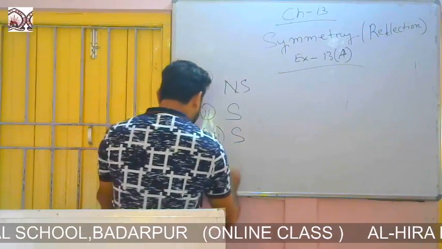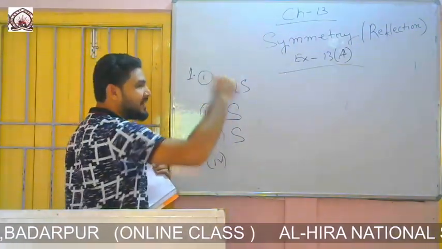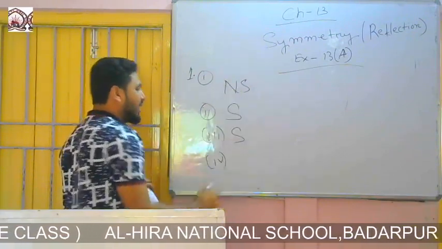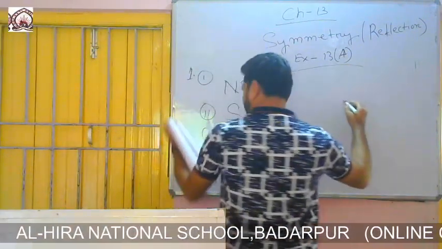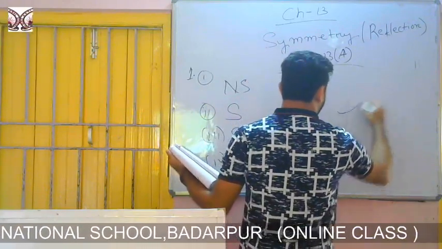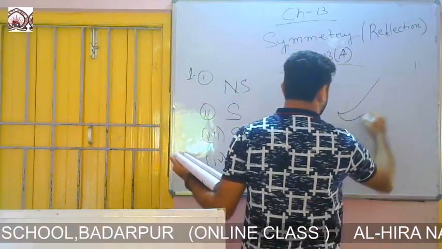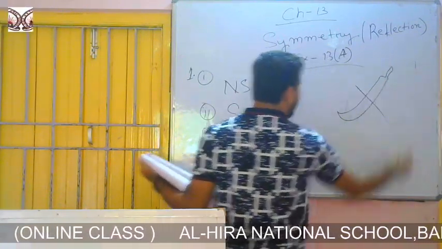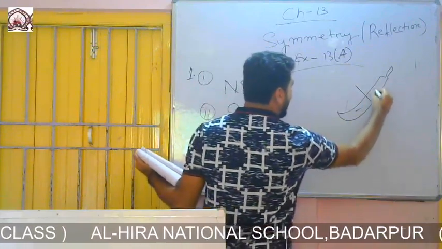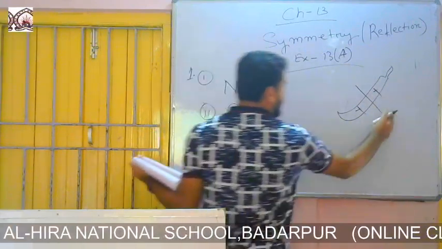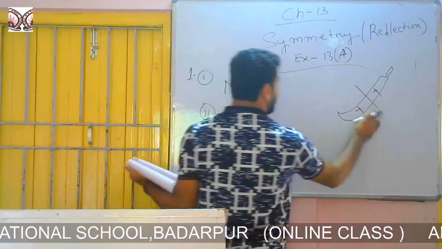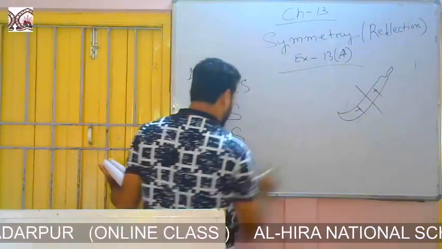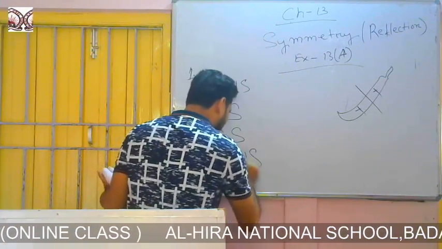And see number 4, it's a banana. If I divide the banana, then we will not get the same part. This part and this part are not equal, so this shape is not symmetrical.